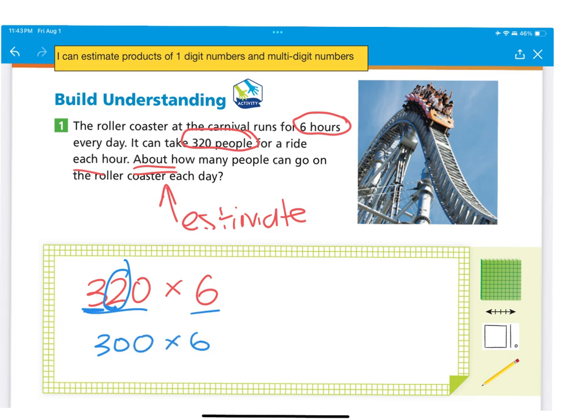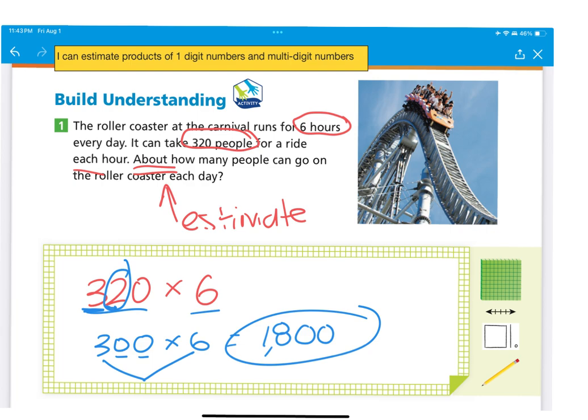And this is a much easier problem to do in my head now because I can do 3 times 6 and get 18. And then I'm going to add my 2 zeros in for an answer of 1,800. So that means this roller coaster can take about 1,800 people each day.